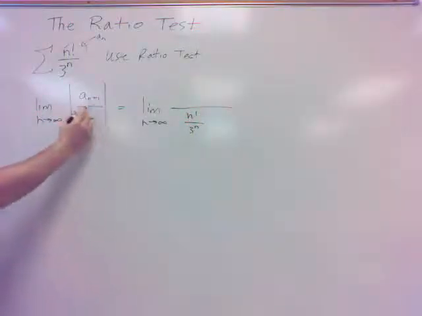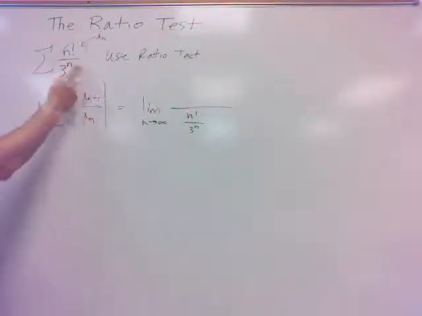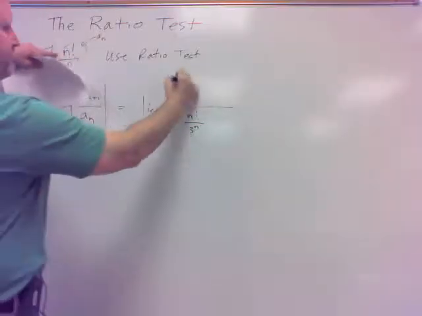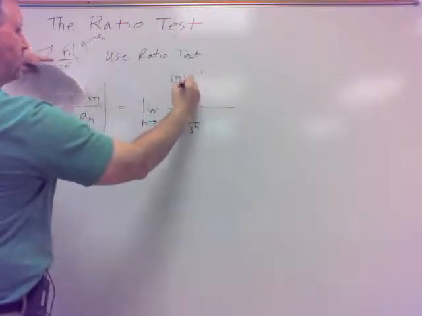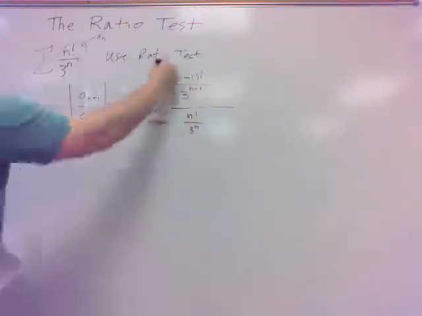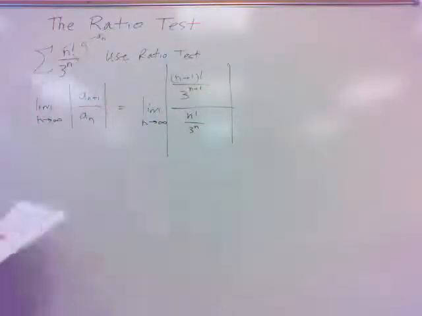A sub n plus 1 would be plugging in n plus 1 instead of n. So a sub n plus 1 is going to be n plus 1 factorial over 3 to the n plus 1. I am looking at the absolute value of that.